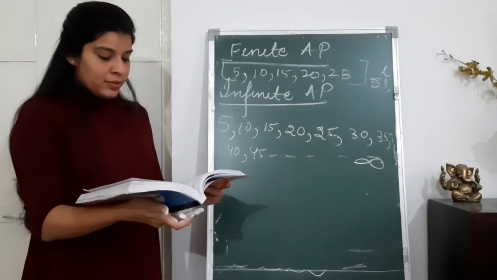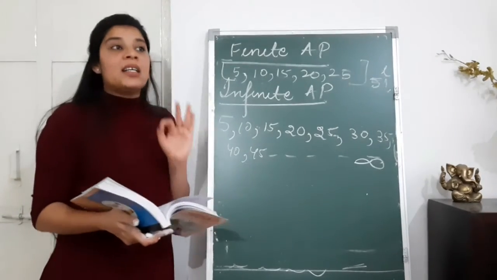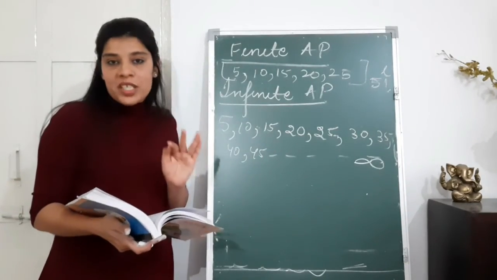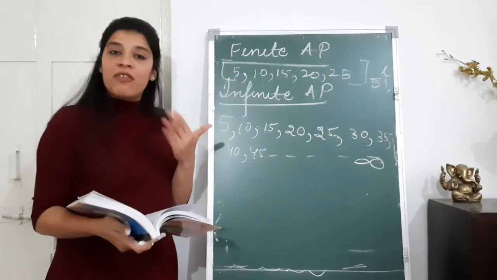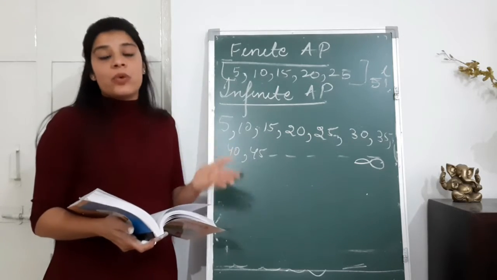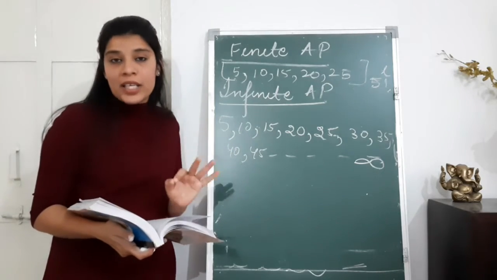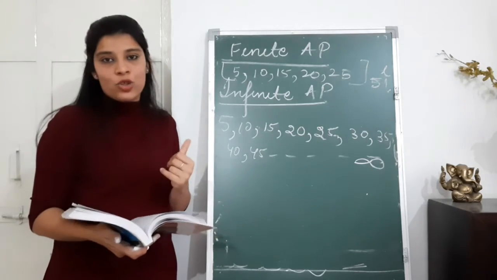Okay, so I hope these basic terms like term, common difference, general form of AP, A1, A1 plus D, A1 plus 2D, A1 plus 3D, An is equal to A1 plus (N minus 1) into D, are clear to you.